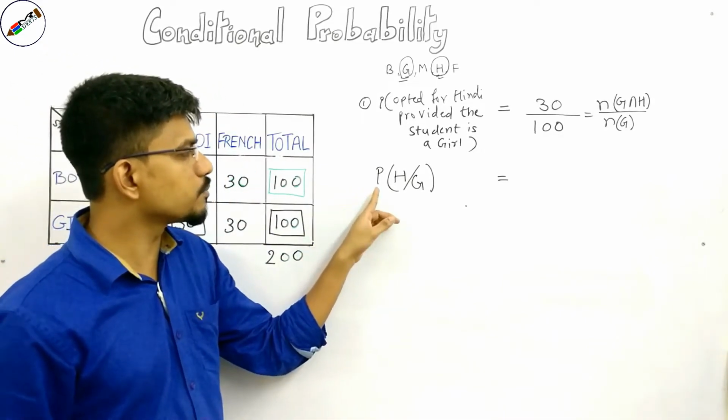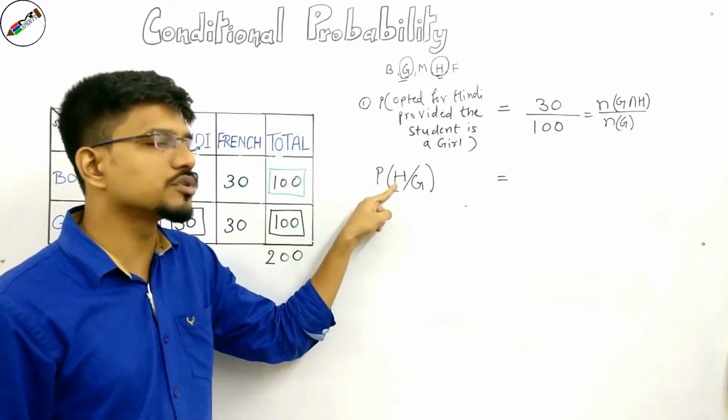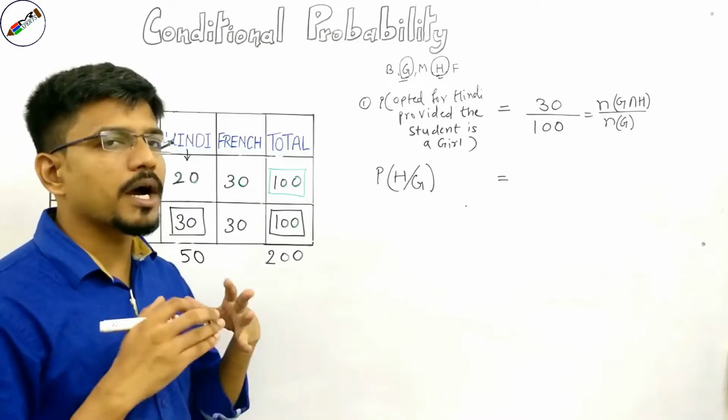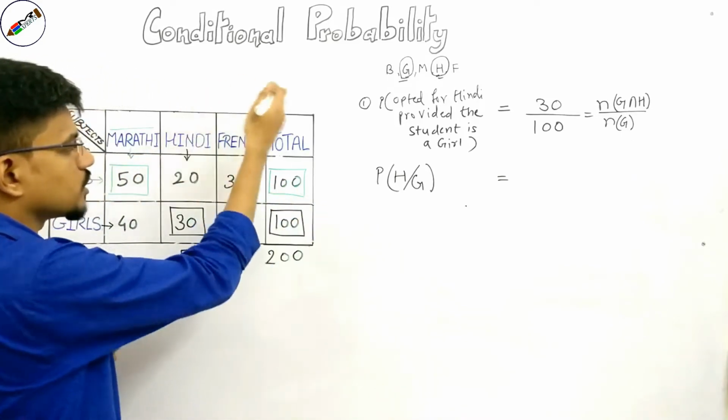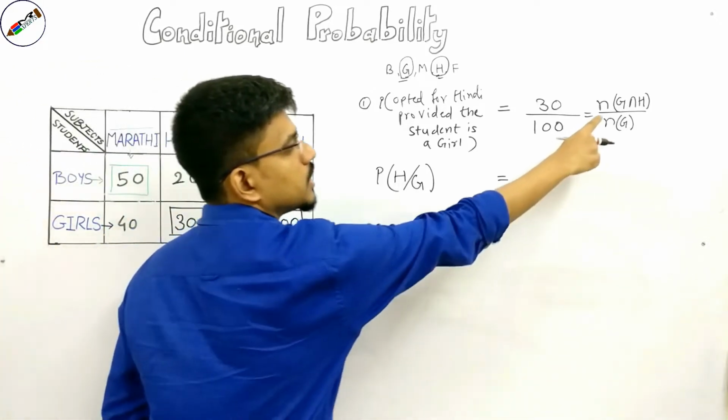How do you read that? Probability of H stroke G. That means probability that the student has opted for Hindi provided that it is a girl. Now by our representation of this table, we can say that the formula is this.